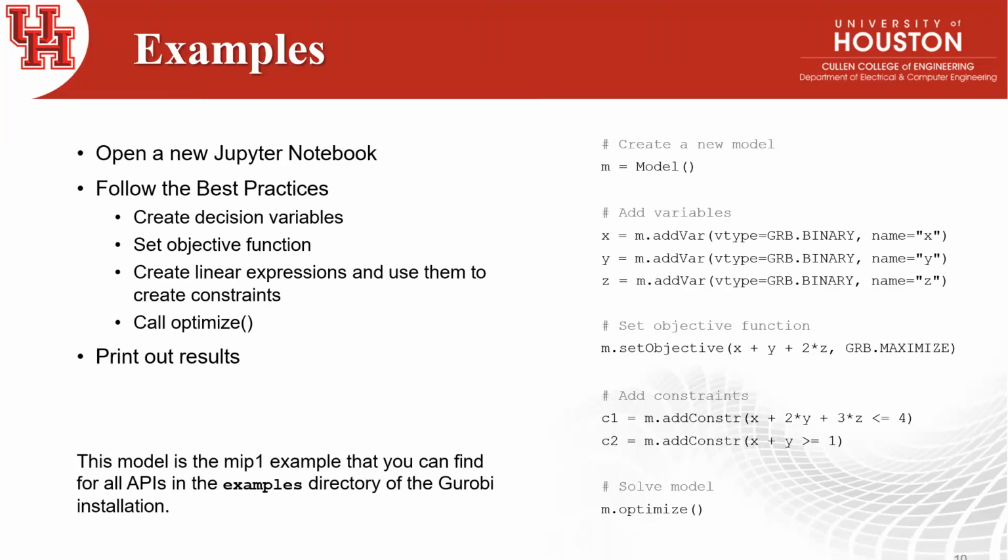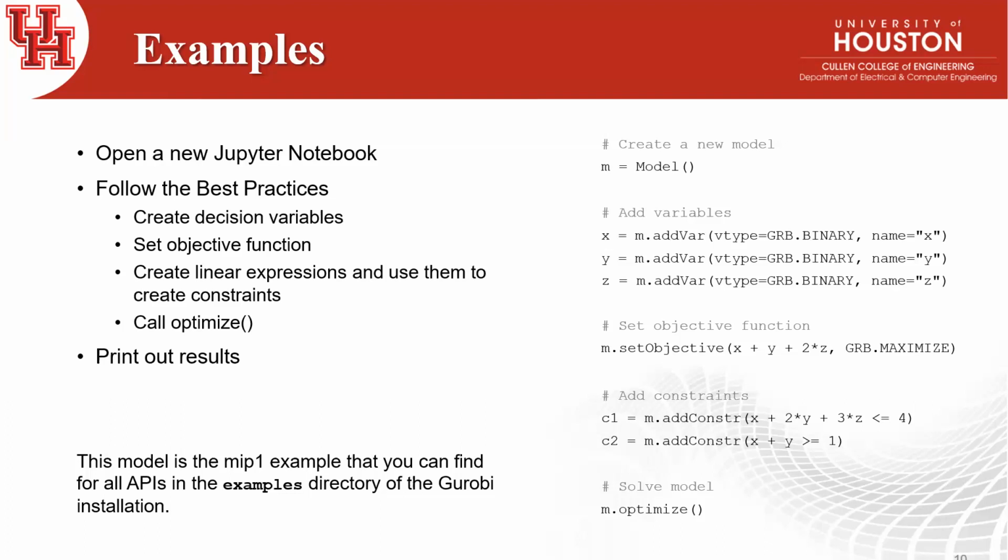First of all, we create a model. This is the initial step of the whole model. With this line, we create a Gurobi model named M, and we add variables to M.